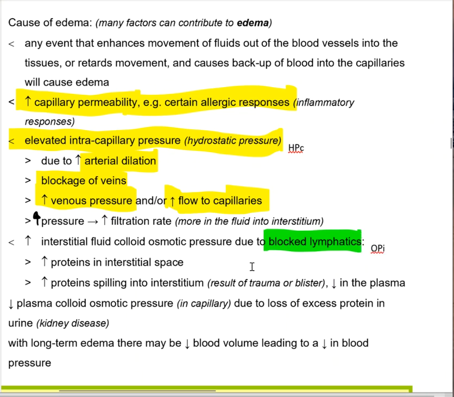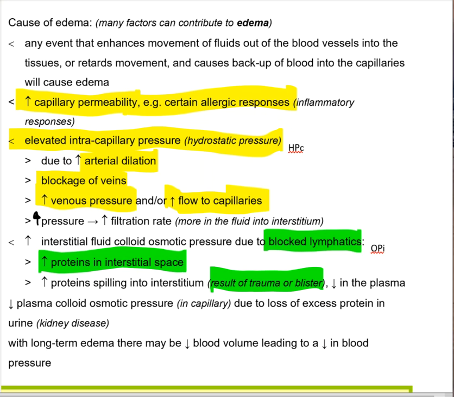That goes up. This might be due to lots of proteins in the interstitial space. If we have a lot of proteins that have spilled into the interstitium as a result of a trauma or a blister or something like that, then a lot of water will go in to try to dilute them. That's another way that will increase OPI.